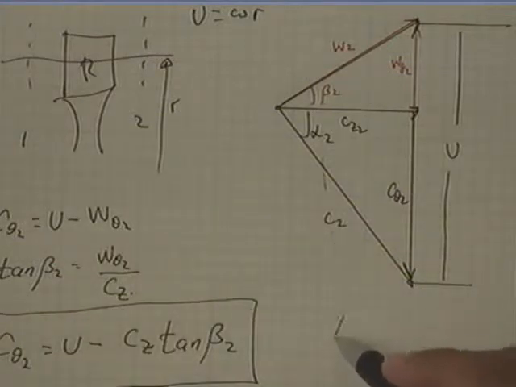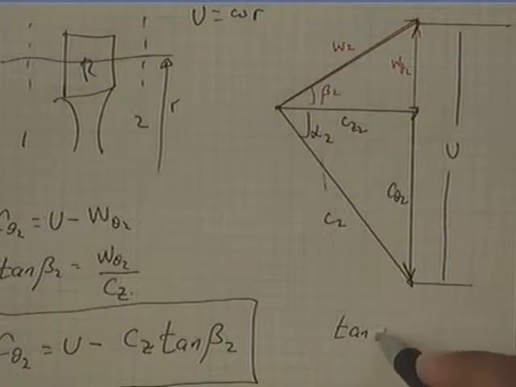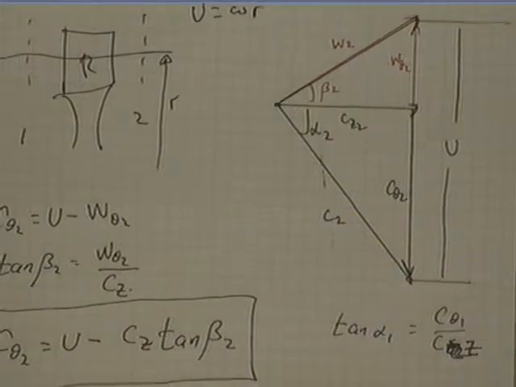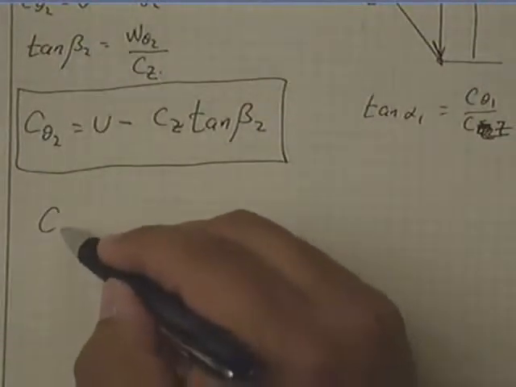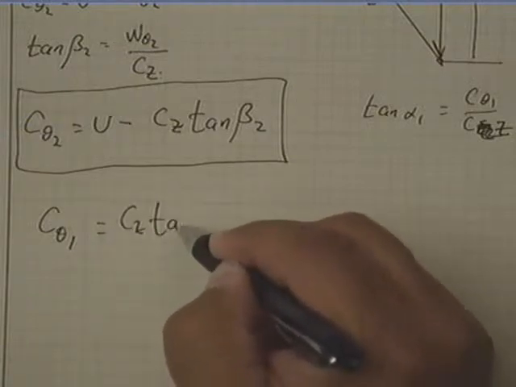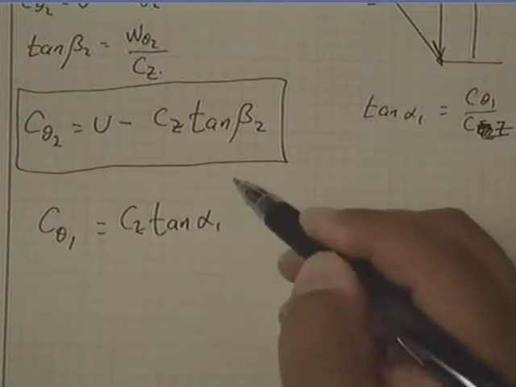We also know that tangent alpha 1 is equal to C theta 1 over CZ, right? And so using that fact, we can say that C theta 1 is equal to CZ tangent alpha 1.